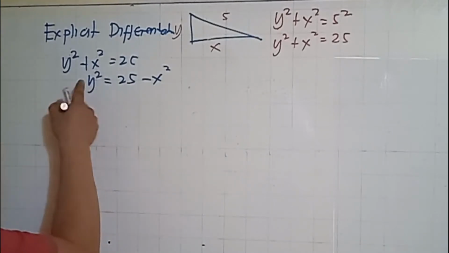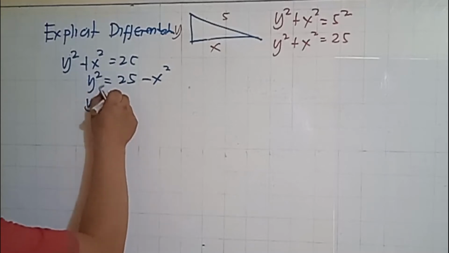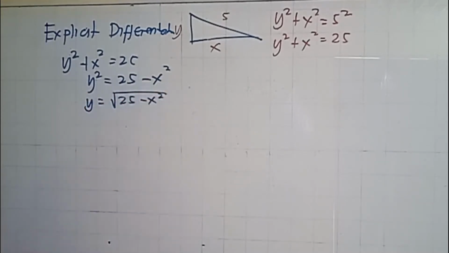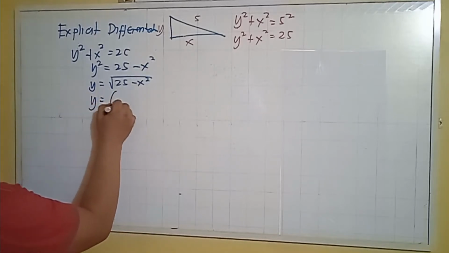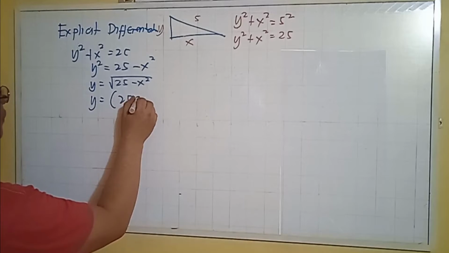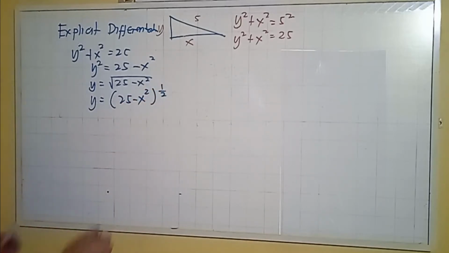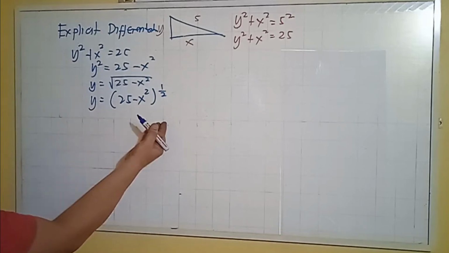Okay? So, square root natin magkabilang side, magkakaroon tayo yung y is equals to square root of 25 minus x squared. So, i-rewrite ko muna to, y is equals to 25 minus x squared raised to 1/2. And then, hahanapin na natin yung derivative nitong expression natin na to.